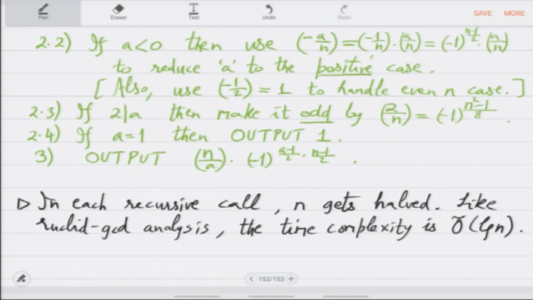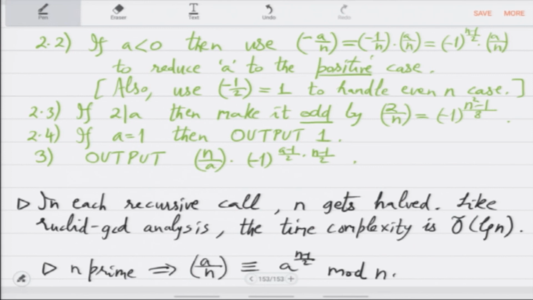And the other thing to note is that if n is prime, then a by n is a to the n minus 1 by 2 mod n. So the Jacobi symbol is the same as the Legendre symbol, which is the same as a to the n minus 1 by 2 mod n in case n is prime.